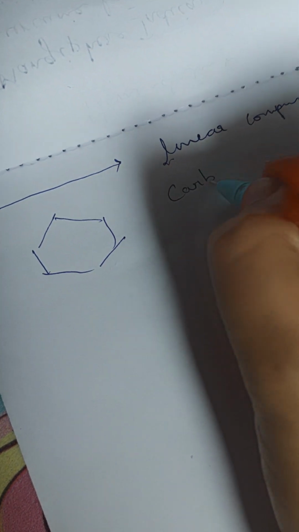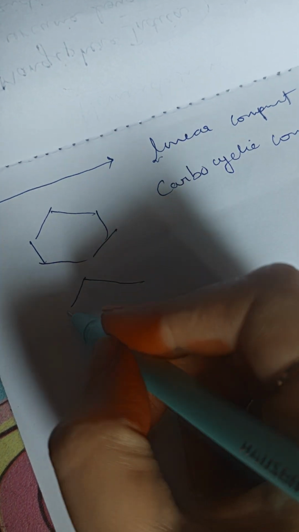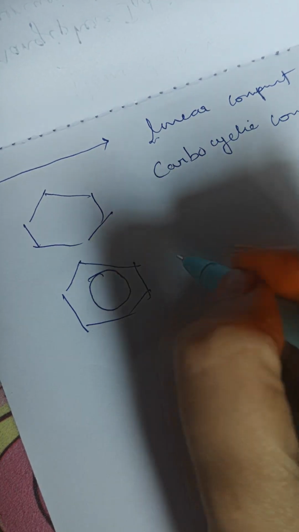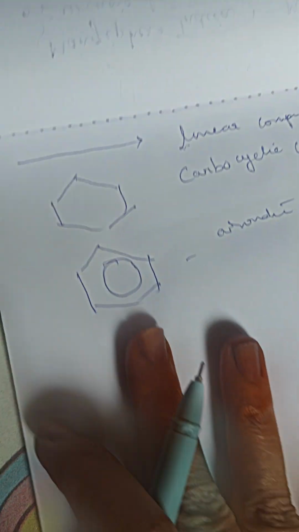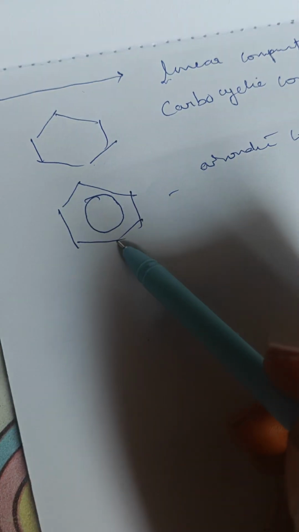Most of the times it is a linear compound, a carbocyclic compound, or an aromatic compound. These are the three types of compounds.